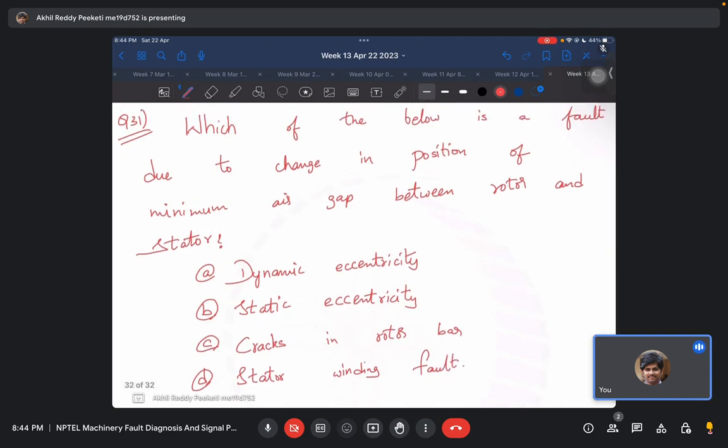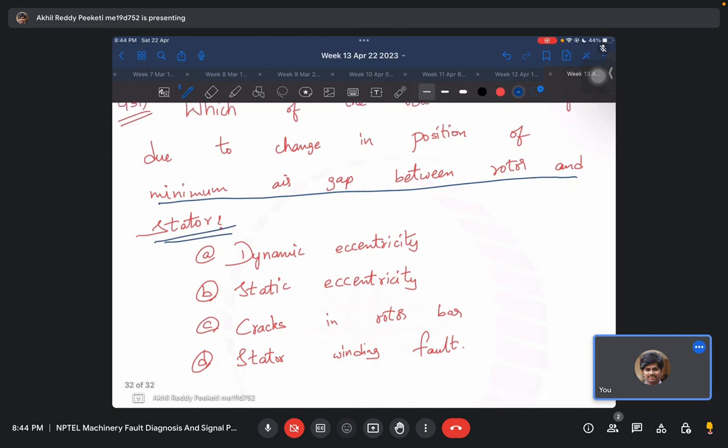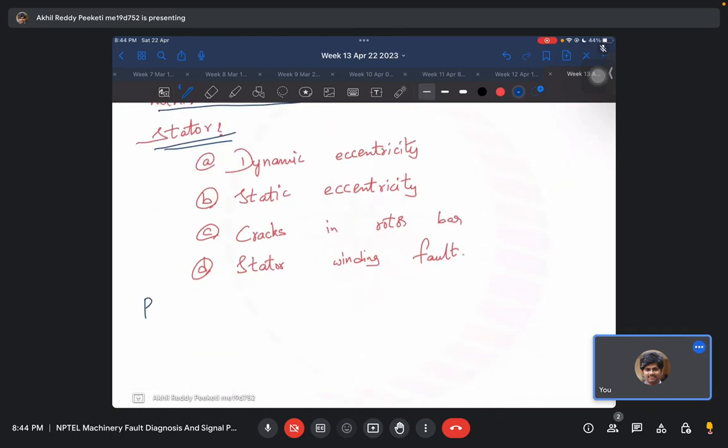So which of the below is a fault due to change in position of the minimum air gap between rotor and stator? When you have a minimum air gap between rotor and stator, if that air gap or the position of the minimum air gap is fixed, then it is static eccentricity.